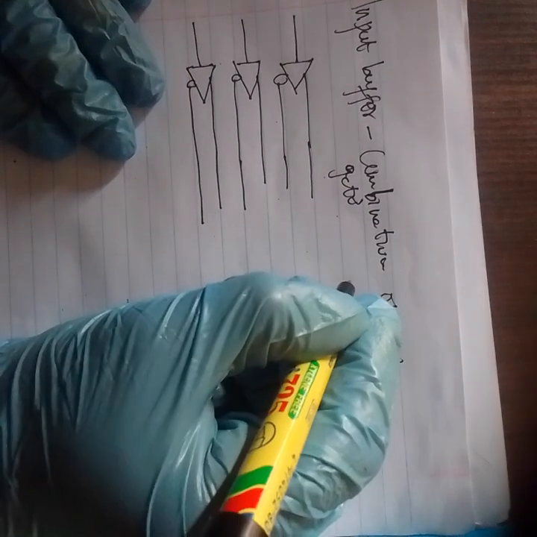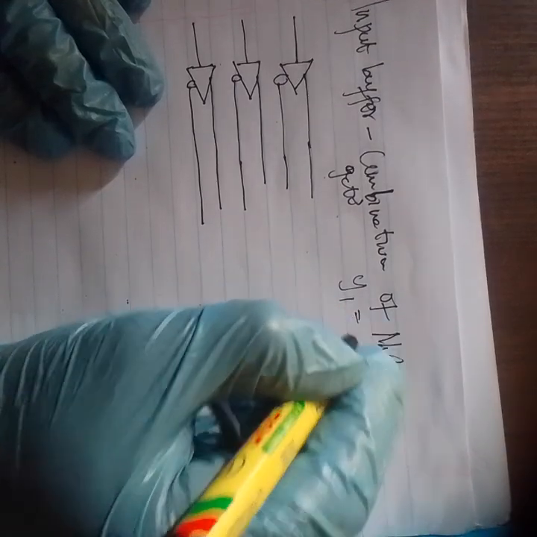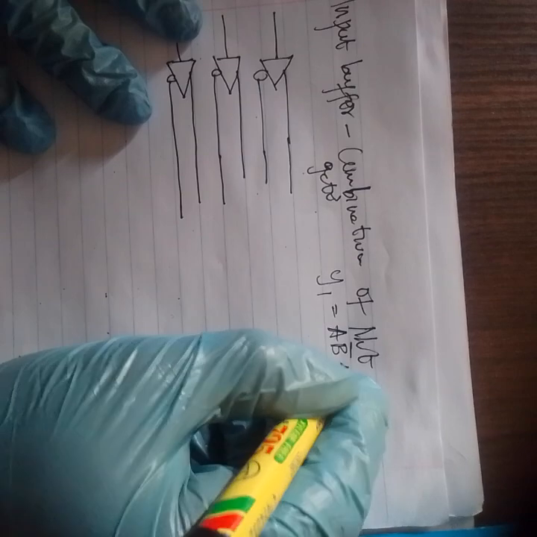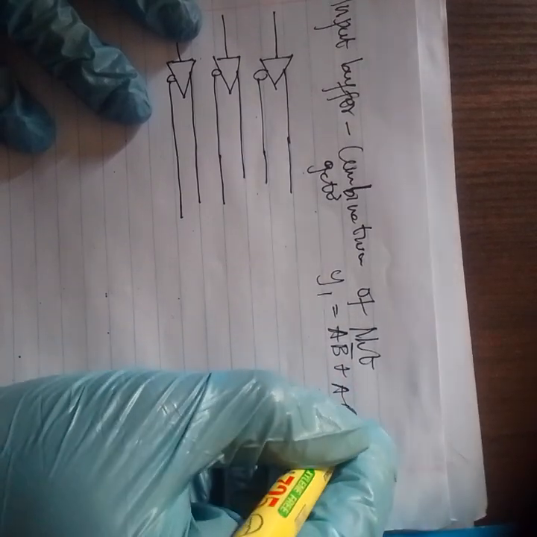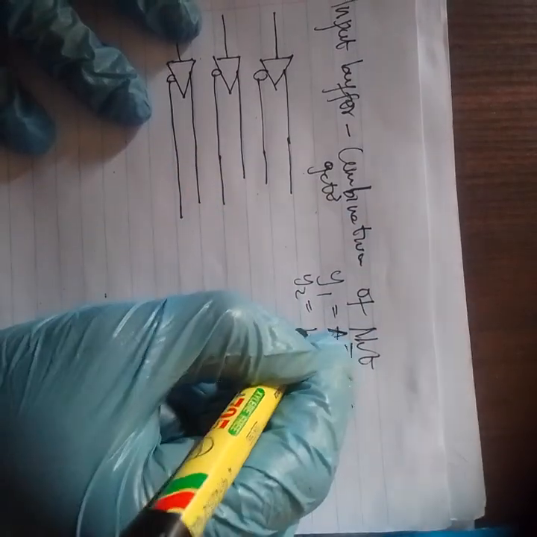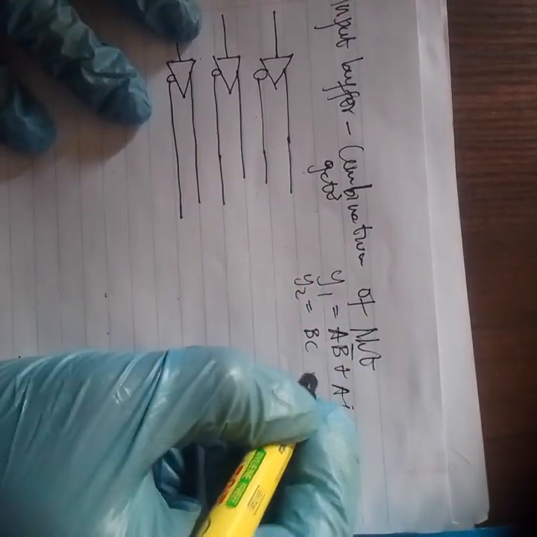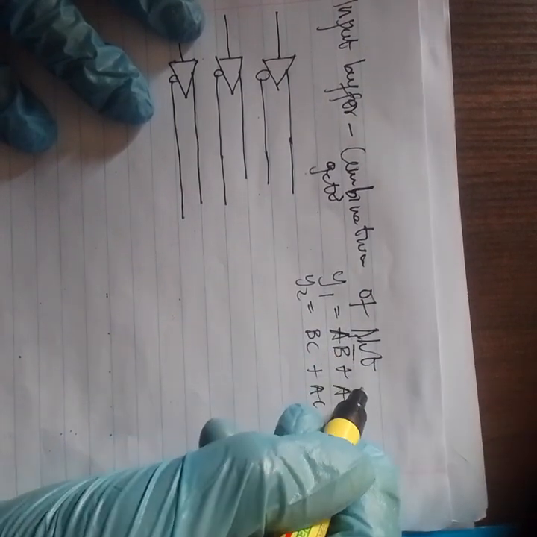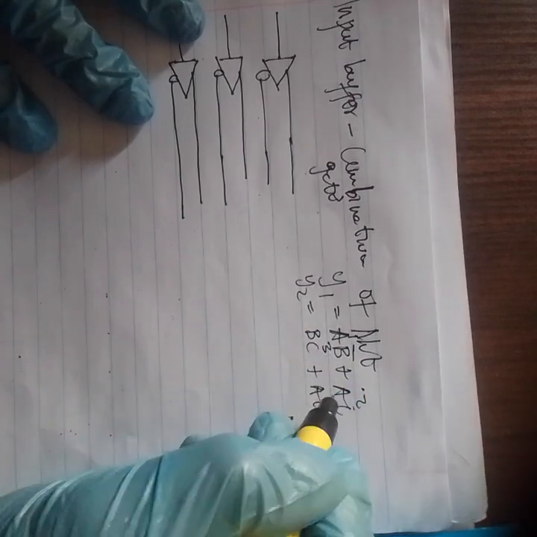For y1 we had AB plus AC, and for y2 we had BC plus AC. Let us count the number of minterms. We have 1, 2, 3, 4.